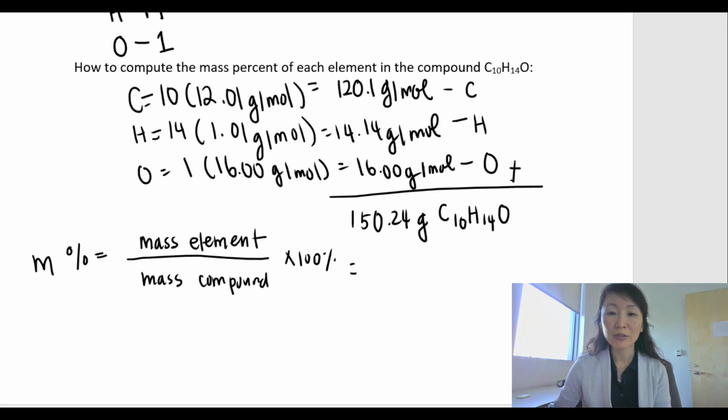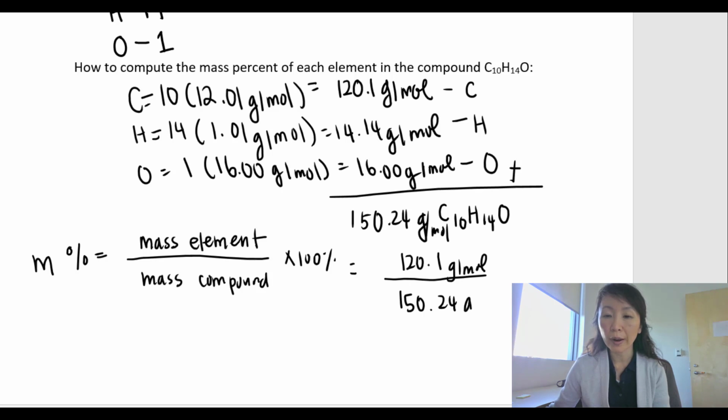Let's do that for carbon. Carbon is 120.1 grams per mole divided by the entire compound, 150.24 grams per mole. So grams per mole cancels out, and that needs to be multiplied by 100%.